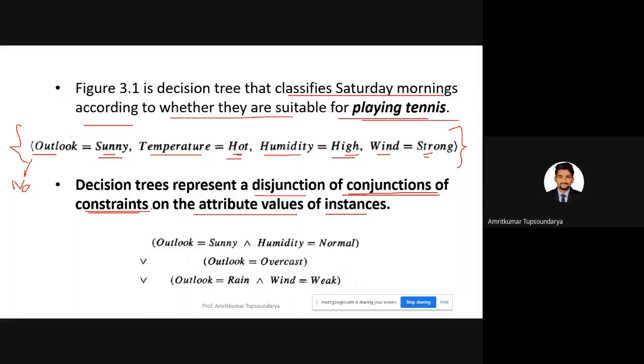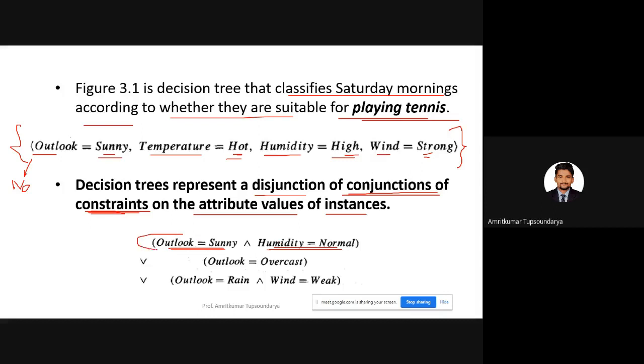Just to give an example, you can say outlook is sunny, and humidity is normal. So what are these? These are just the constraints. We are putting the constraint that outlook should be sunny, humidity should be normal. Now, here is the conjunction of these constraints, outlook sunny and humidity normal.